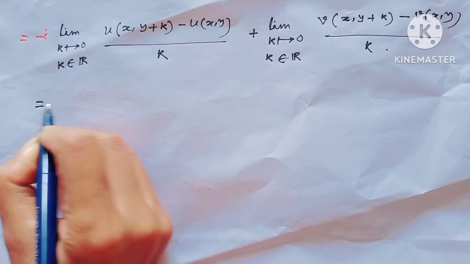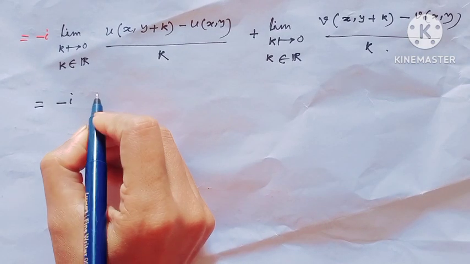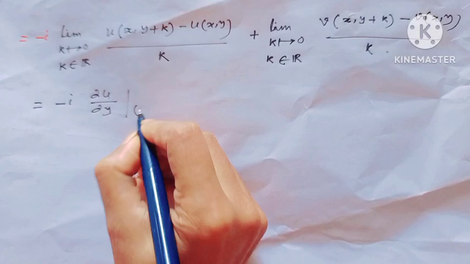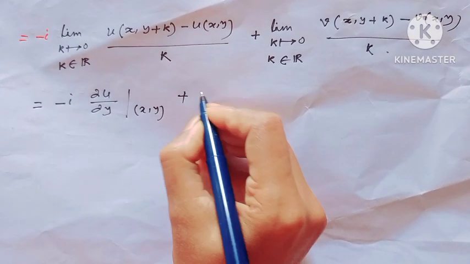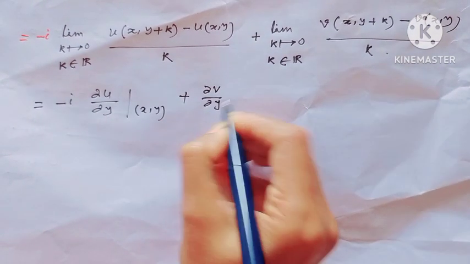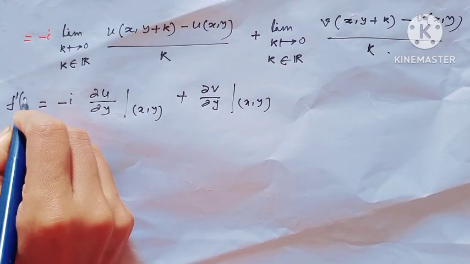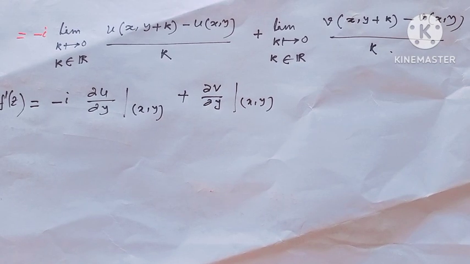This value is equal to minus i times del u del y at the point (x, y) plus del v del y at the point (x, y). Then f prime z equal to this.